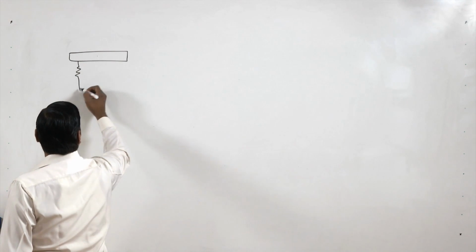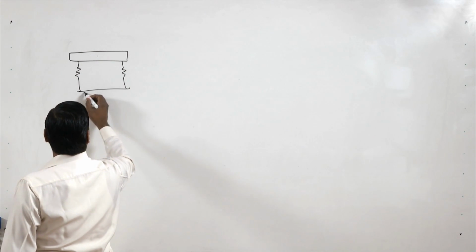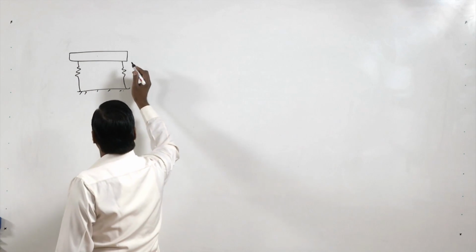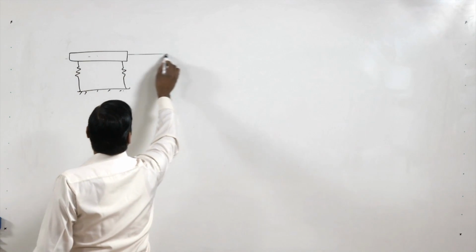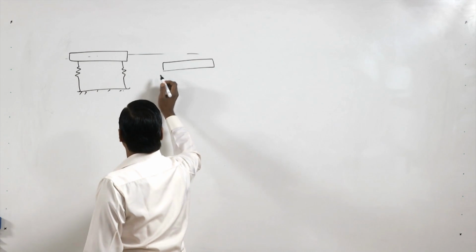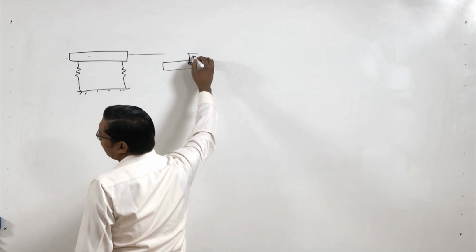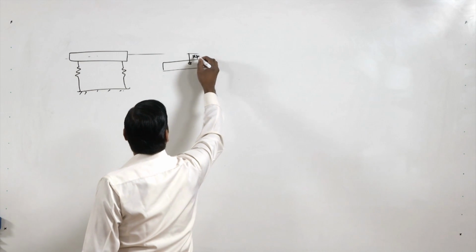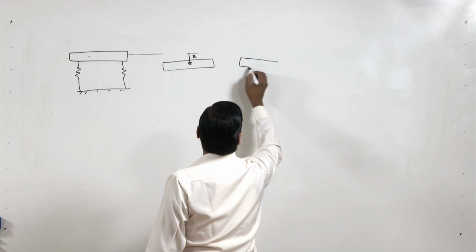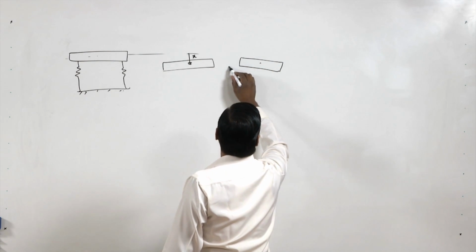We have this system, and this system is moving here with x(t), and again it is rotating here with theta(t).